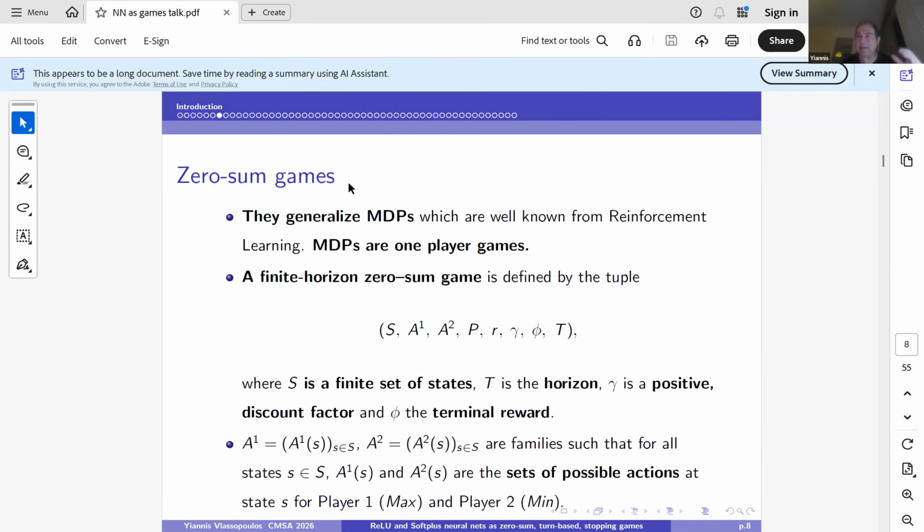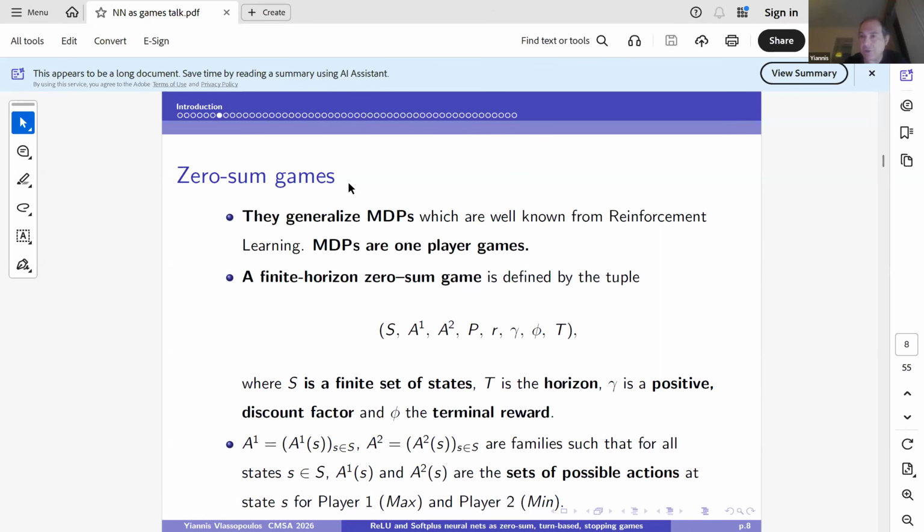What's going to happen is that we're going to use the weights to define the transition probabilities, and we're going to use the biases to define the rewards. So we have a finite set of states, and A1 of S is the actions that we have at any state, where the first player, player 1, is trying to maximize, so we'll call him max. Player 2 is trying to minimize the reward, and we'll call him min.